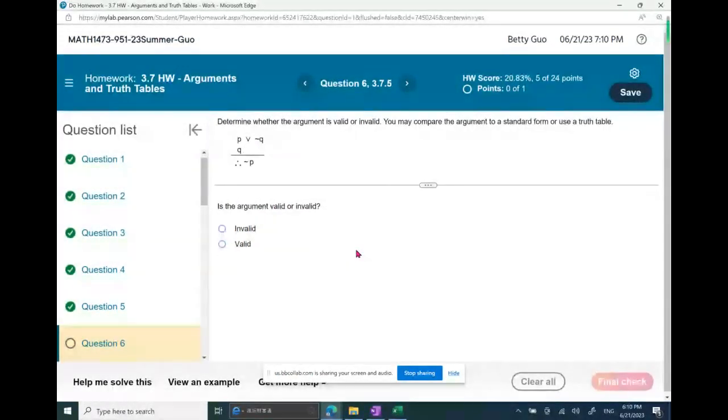Determine whether the argument is valid or invalid. Compare the argument to a standard form or use a truth table. First premise, P or not Q. Second premise, Q. Conclusion, not P. Is the argument valid or invalid?